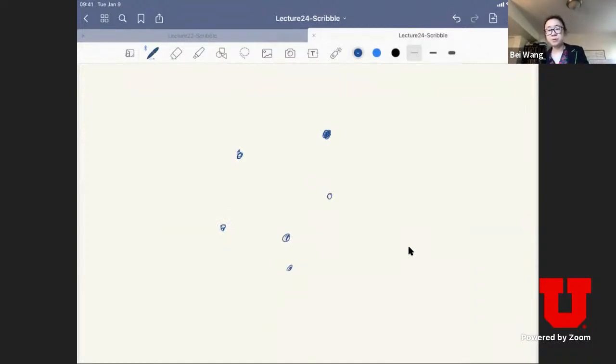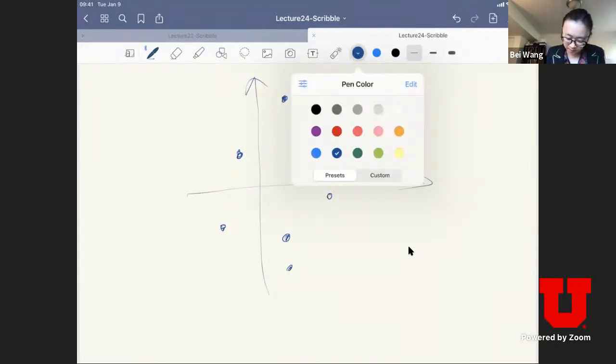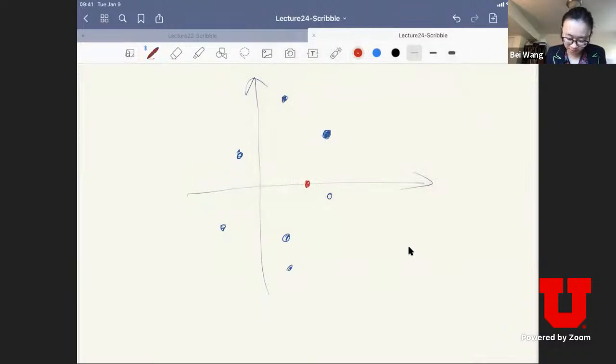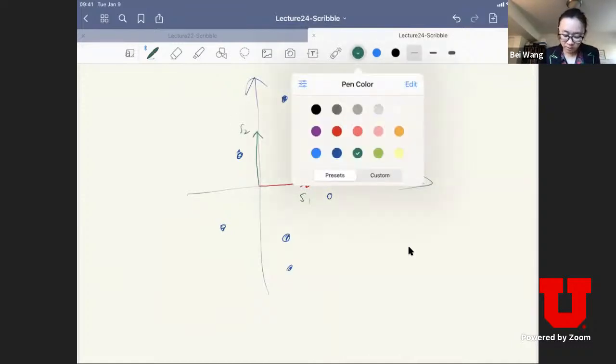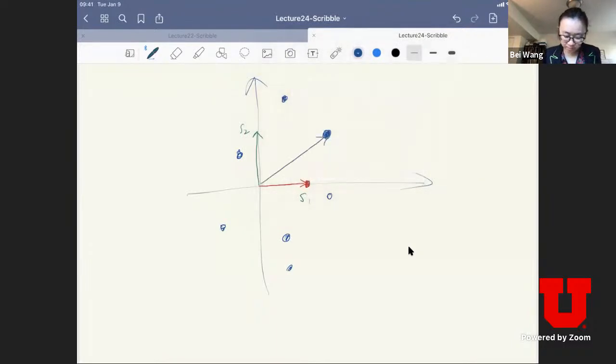And let's say I'm going to find some basis. Because I'm in 2D, I'm going to find maybe 2 basis vectors. And I happen to find one basis vector is going to be here, because they're vectors, so I'm just going to do it like this. This is my first vector. Maybe this is my second vector, right? So this is my S1 and this is my S2, lowercase. Such that every single vector, for example this particular vector, is now a linear combination of the basis vectors.